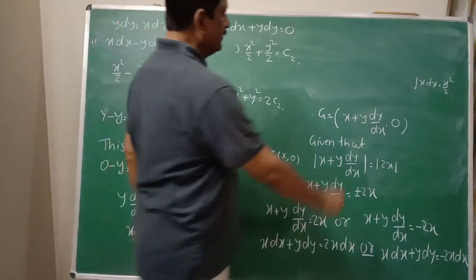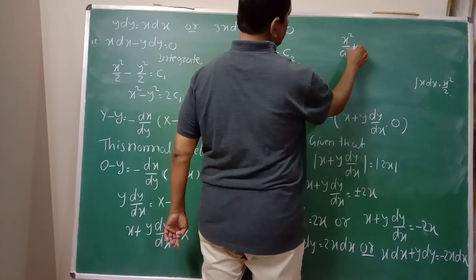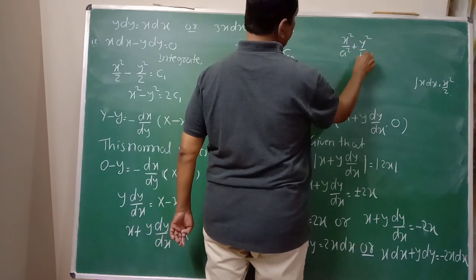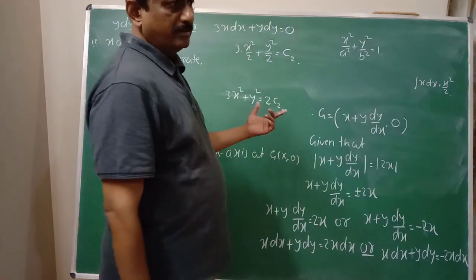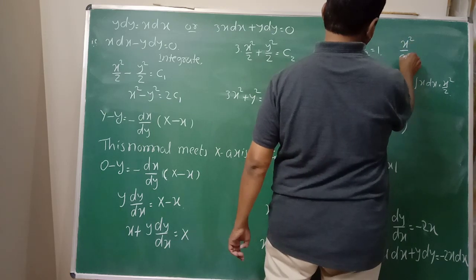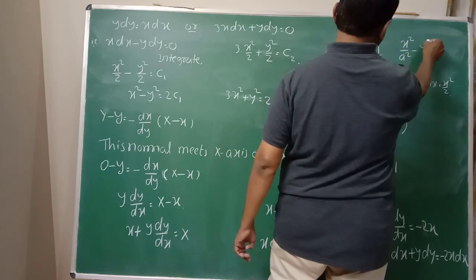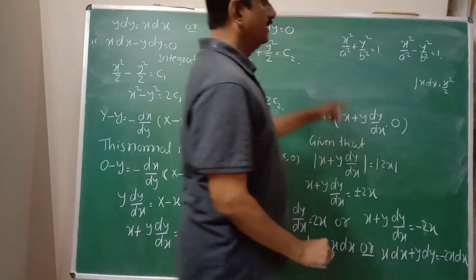You know that if the equation is in the form x square by a square plus y square divided by b square is equal to 1, then it is an ellipse. If the equation is in the form x square divided by a square minus y square upon b square is equal to 1, then it is a hyperbola.